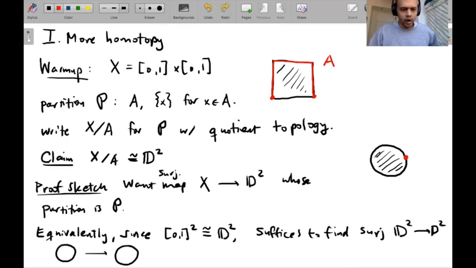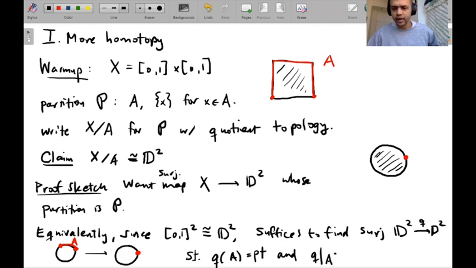Now let's fix some arc. So A is going to be an arc here, and it's going to map to a point. Let me call this map Q. So Q of A should be a point, and Q restricted to the complement of A is injective.